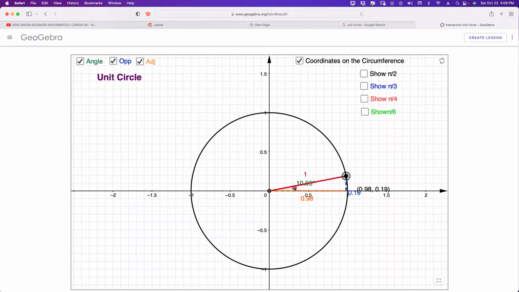Where before this angle made this the adjacent side, we bring this up now. Well, I guess it's still the adjacent side, but the adjacent side switches from being a 1 to a 0. So you can see that. Now, the opposite, which is in blue, is here. And the adjacent, which is orange, is here. And the adjacent is 0.